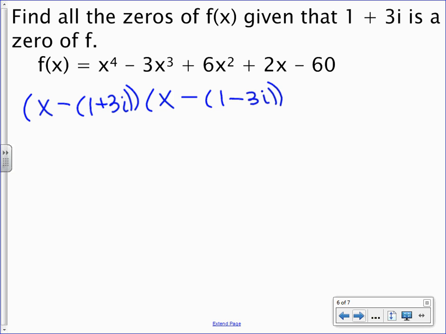They divide evenly, right? Okay, now do we want to divide by x minus (1 plus 3i)? No, we don't. But what we can do is multiply these together and get a polynomial that has no imaginary numbers in it.